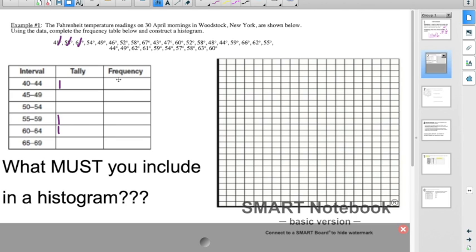Just start filling in this table with tallies so that it's full and we have all of the points accounted for. Just be careful when you do it. You don't want to mistakenly put a data point in the wrong spot. And if you are having some issues, just keep watching me and get all this stuff down, okay?